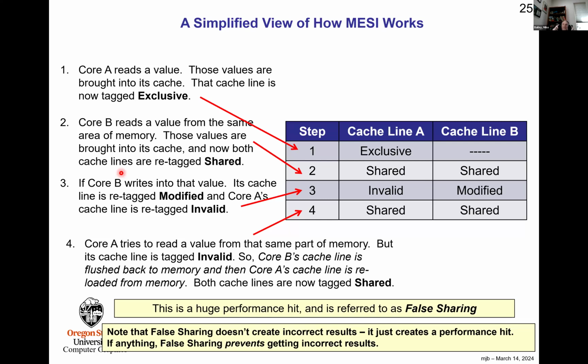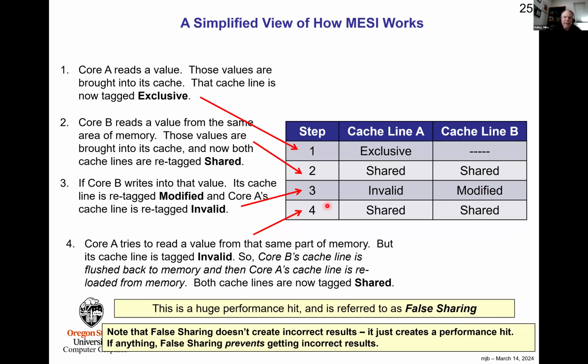So at that moment, when B writes into that cache line, core A's version of the cache line gets a status change. It's changed to invalid, meaning if you read from this again, your chances are you're going to get a wrong number somewhere because somebody has already changed it, but your cache line doesn't know that yet. And B's status changes to modified.